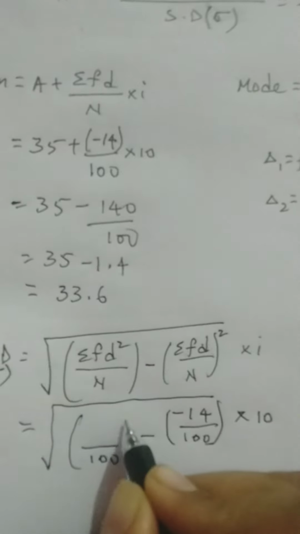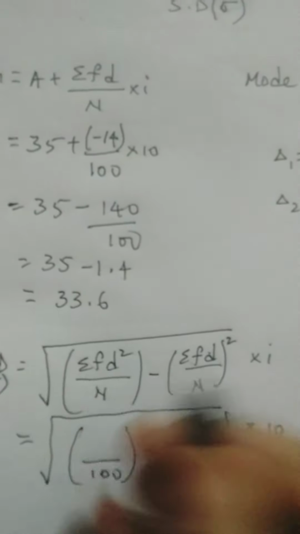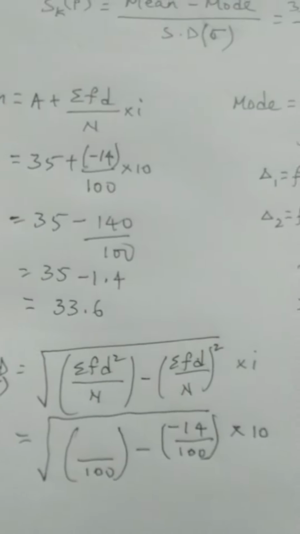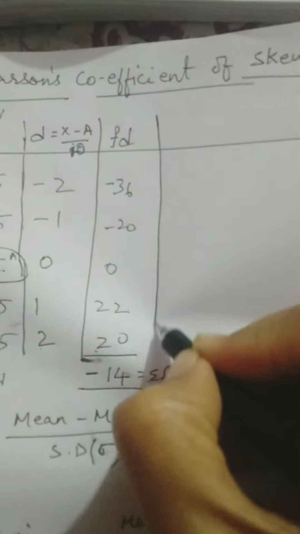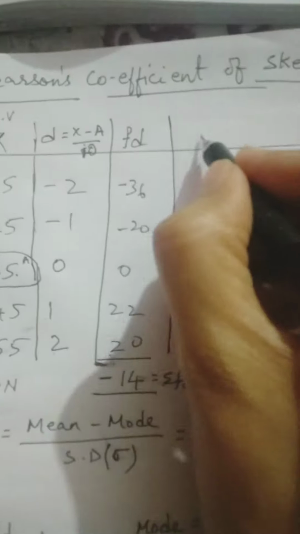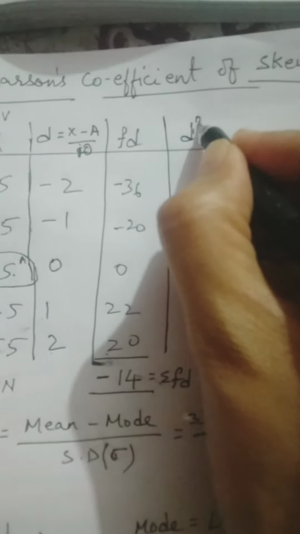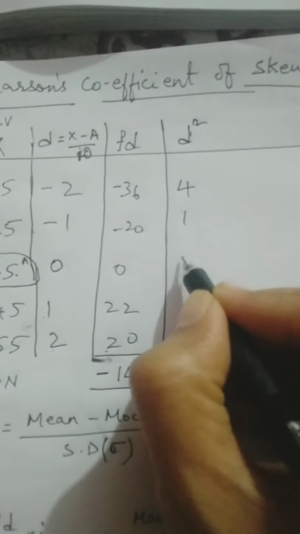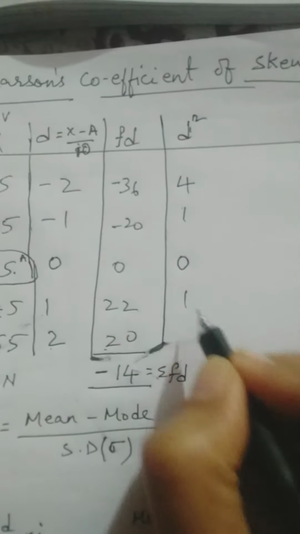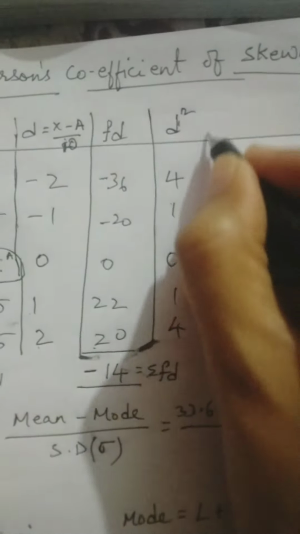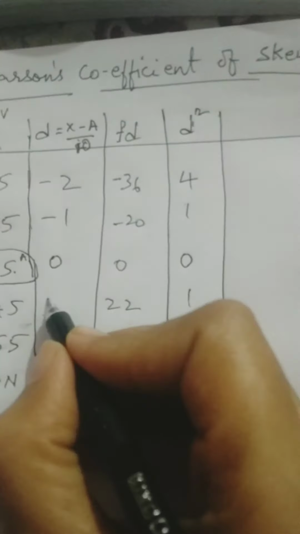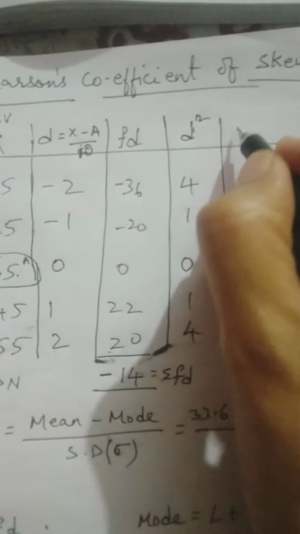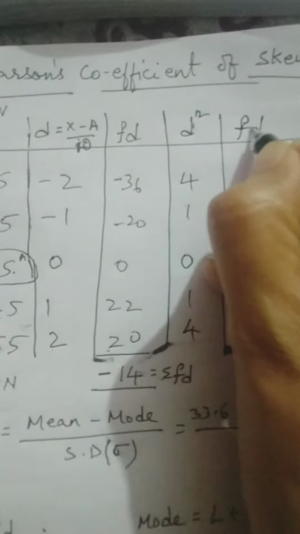I just need to calculate summation of FD square. So for this, students, I will write here first D. I will write D square. 2 2s are 4. 1 1s are 1. 0 0s are 0. 1 1s are 1. 2 2s are 4. Then I have squared this. I got D square. Now I will write FD square.